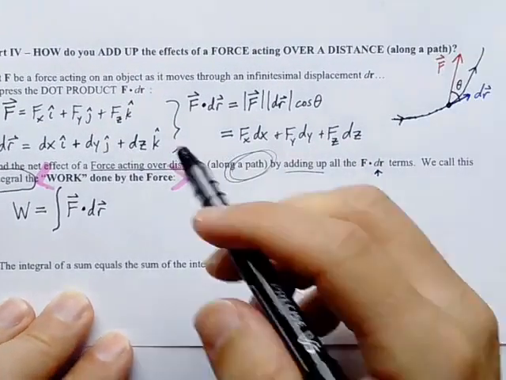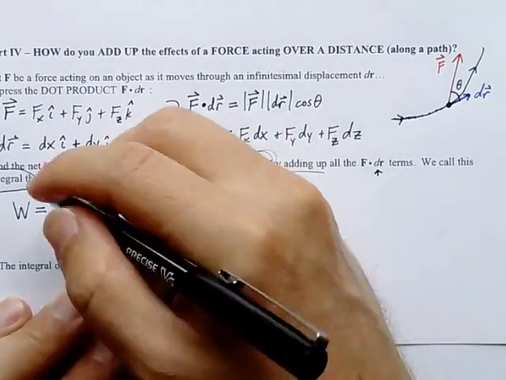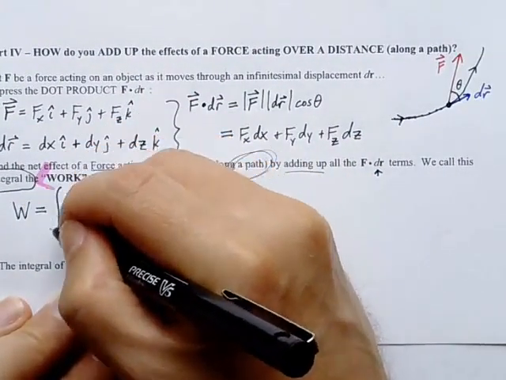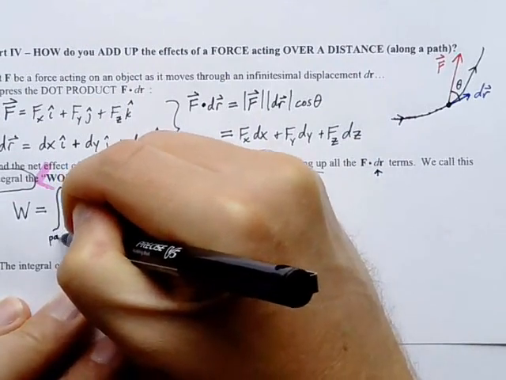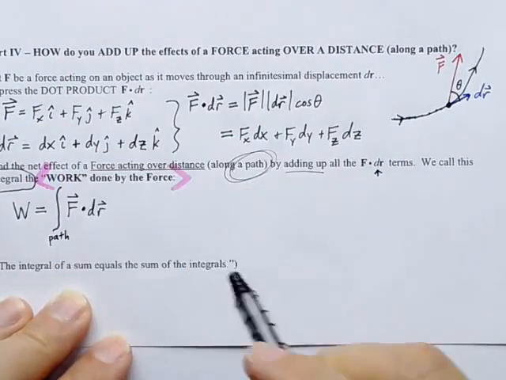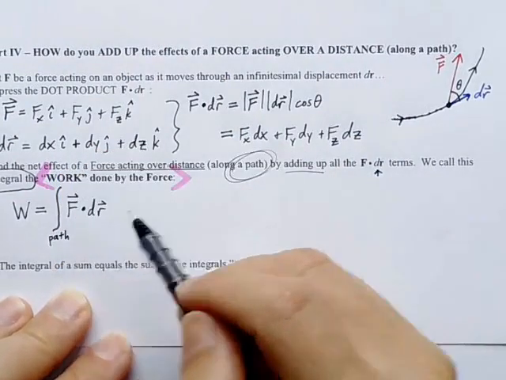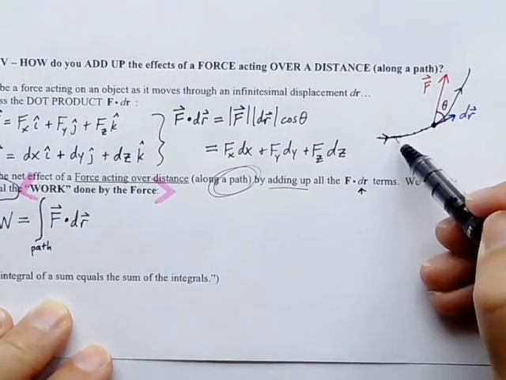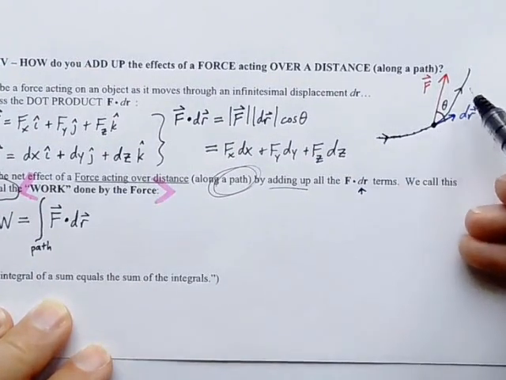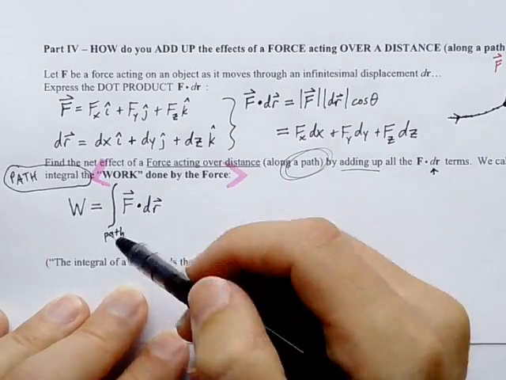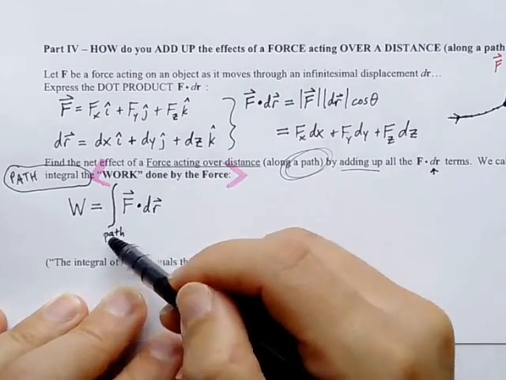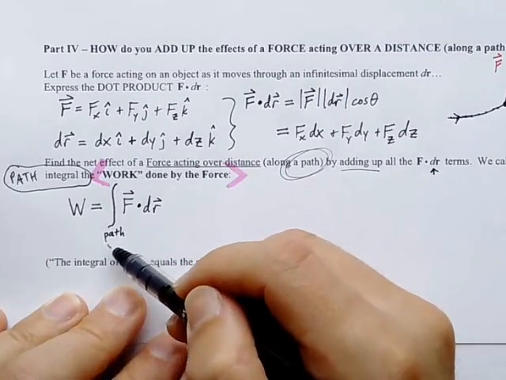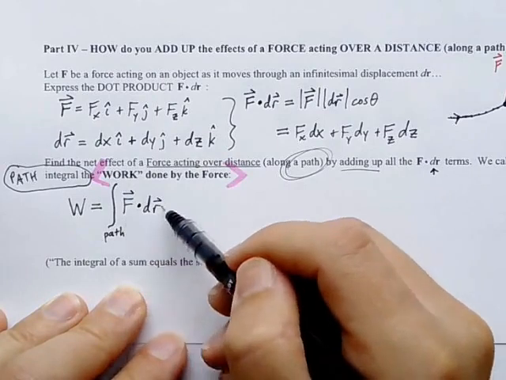Instead of just putting a simple upper and lower limit, I'm just going to write down at the bottom of the integral symbol the word path. Meaning we're going to compute this product at every point along that path as we move all the way along that path. So that'll suffice for our limits. This is sort of where we say where we are going to be doing this summing.